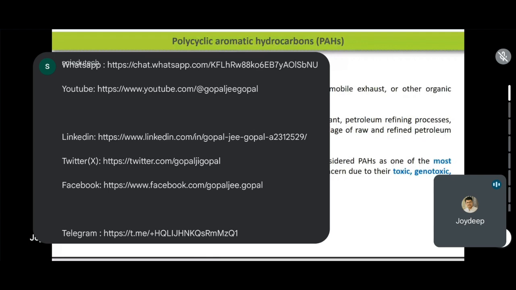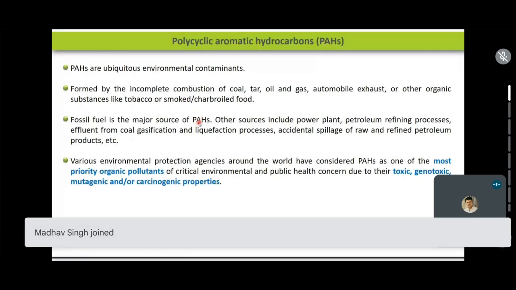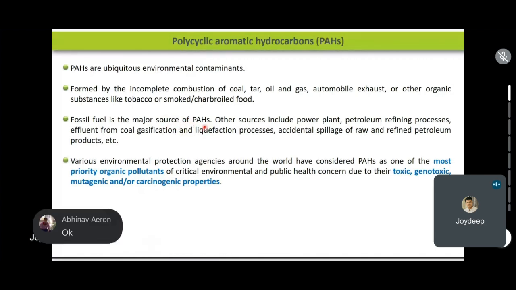Remember that even tobacco or smoked food also contains PAH molecules. So the next time when you are going somewhere to have barbecue, be aware of this a little bit, especially where incomplete combustion is taking place. So various environmental protection agencies I was talking about have labelled them as priority pollutants.